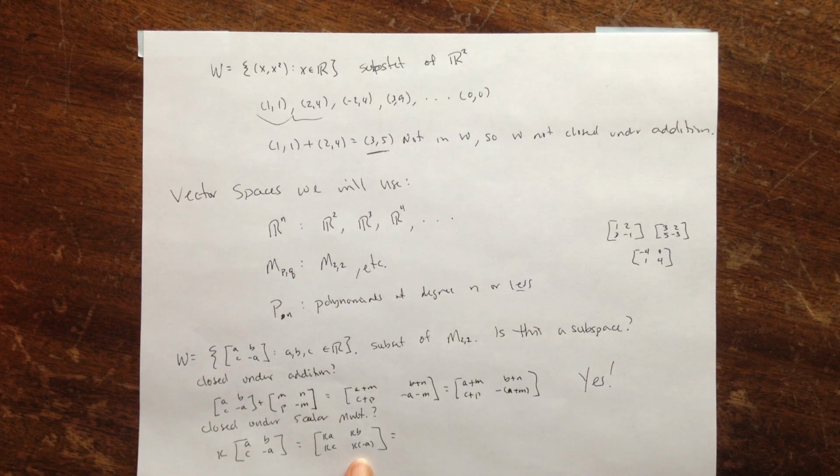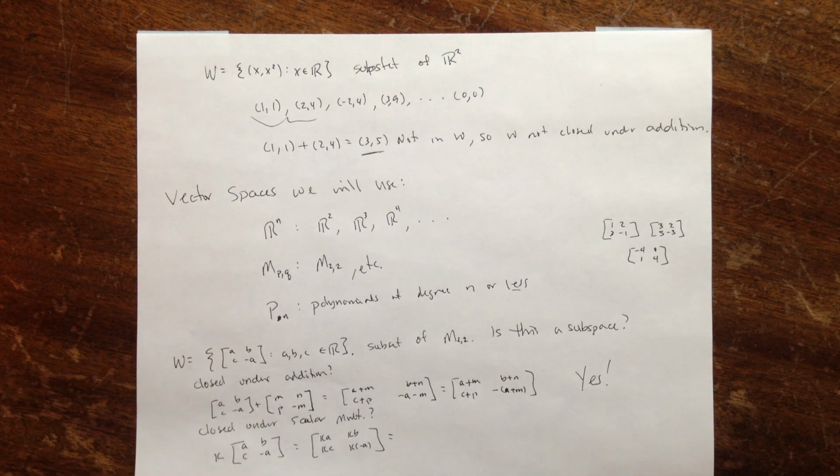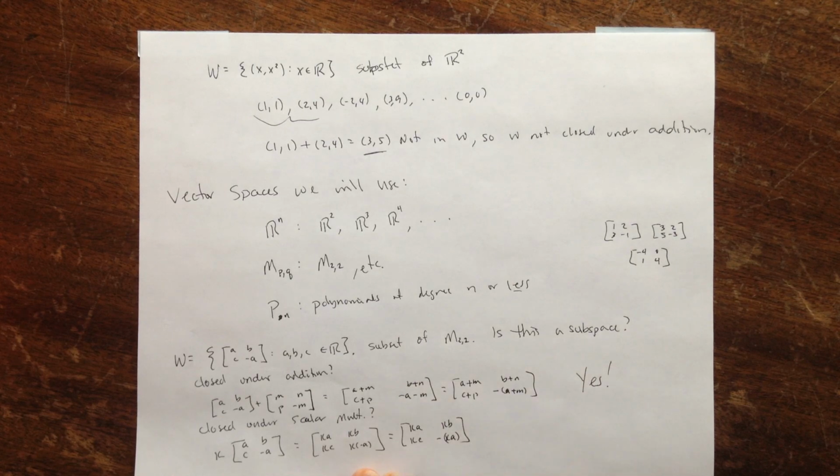And again, the result doesn't quite look exactly like it needs to look to be in that set, so I'm just going to rewrite this once. Like that. And so it is, yes, closed under scalar multiplication, because when I take a general vector in this set and multiply it by a scalar, I stay inside of the set.